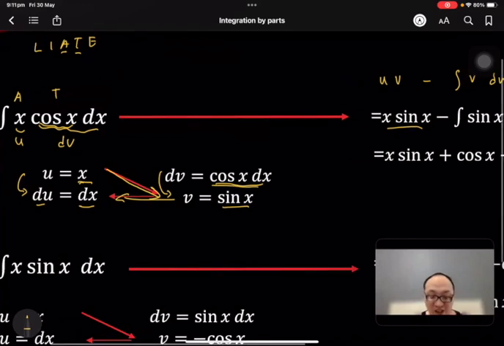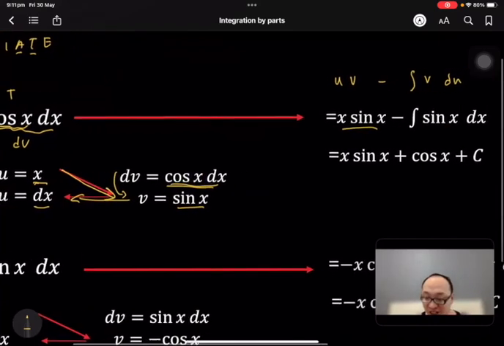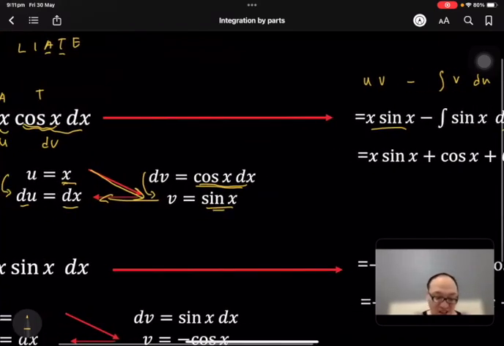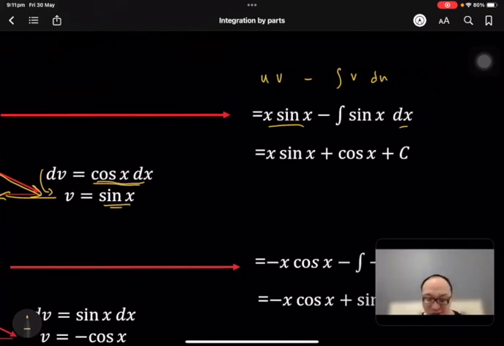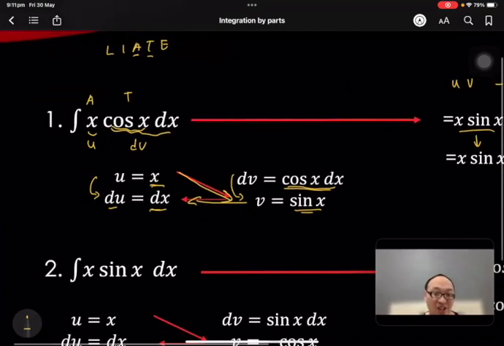So integral sin x dx, sin x multiplied by dx. We have x sin x here, so we just copy it. And then we have integral sin x dx to be integrated normally. The integral of sin x is negative cos x, so it becomes plus cos x, and then we add plus c. This is the final answer for the integral of x cos x dx.